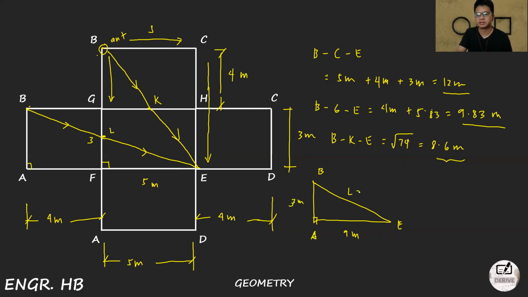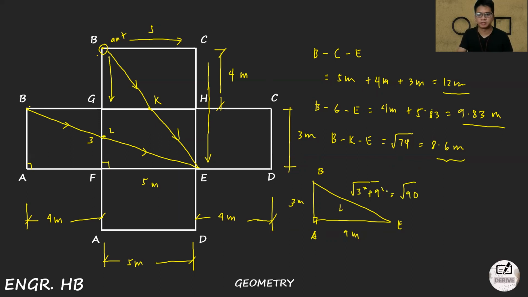So this will become, so wag natin tapat sa L. Buray natin yung L. Pasok ko lang sa loob. So this distance will become Pythagorean theorem, 3 squared plus 9 squared. So that was 9 plus 81. So that was square root of 90. Okay.